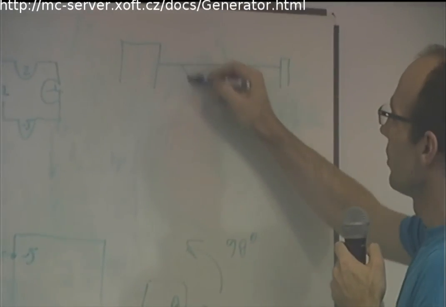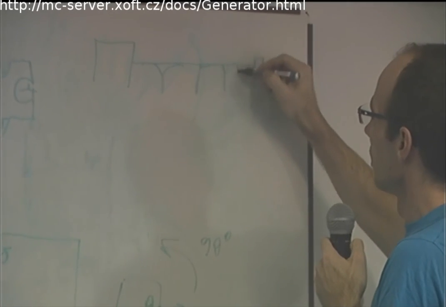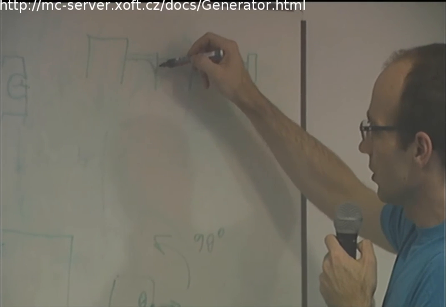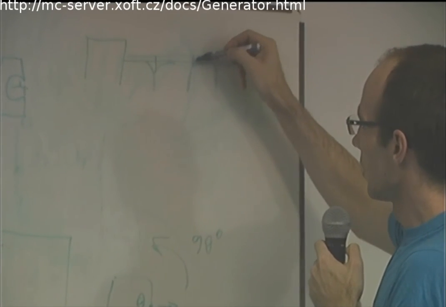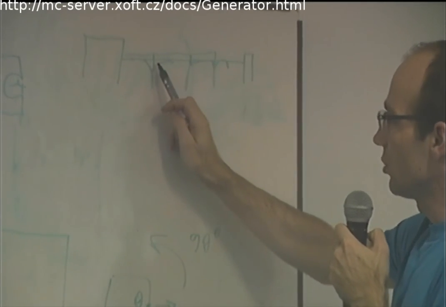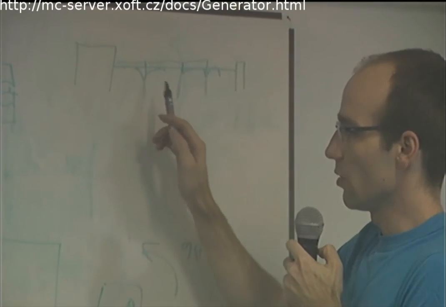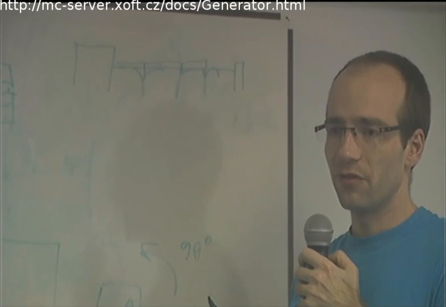So for the bridge, each piece of the bridge is one piece. But we say the bridge likes to connect to itself.